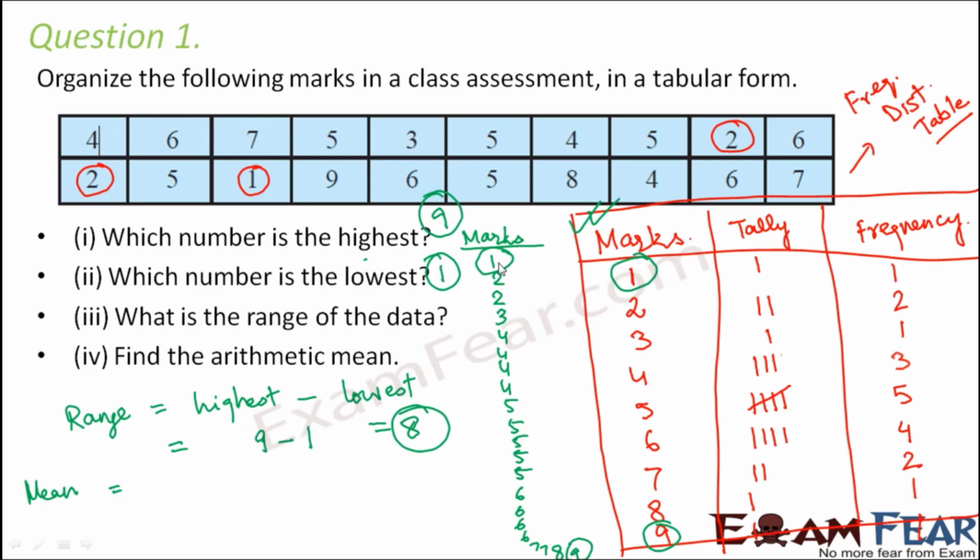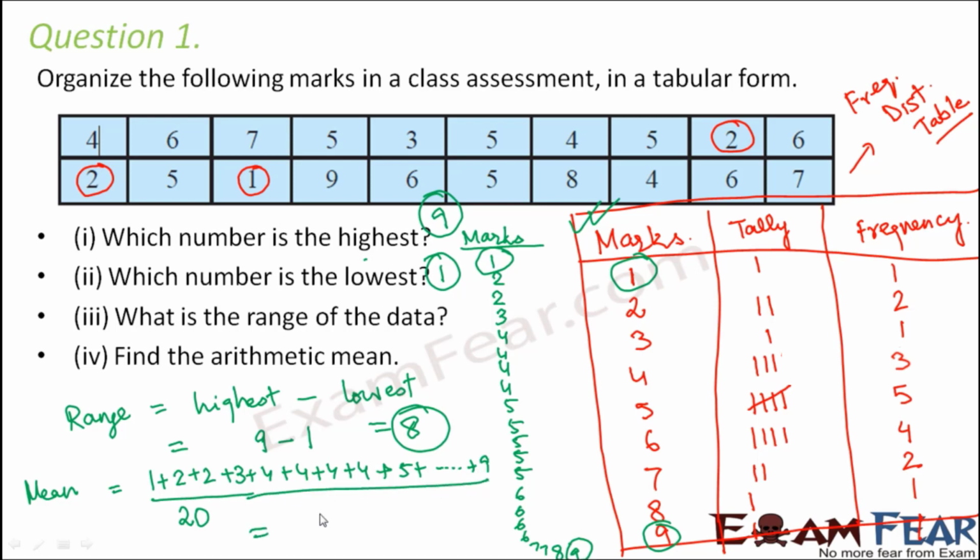So you count it from here: 1, 2, 3, up to 19 and 20. So there are a total of 20 students, because there are 20 marks. Therefore the number of items will be 20, and the numerator would be the sum of the observations: 1 plus 2 plus 2 plus 3 plus 4 plus 4 plus 4 plus 4 plus 5 and so on till 9.